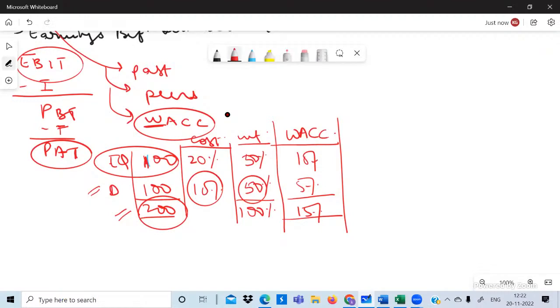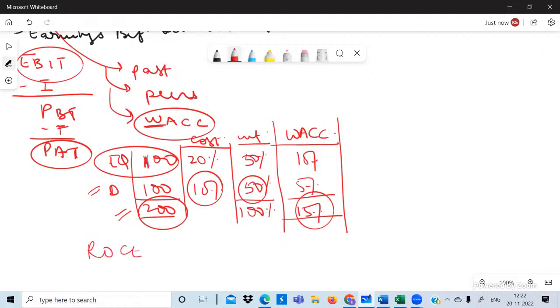So weighted average cost of capital is the minimum return that is expected by equity shareholders and lenders put together. Individually, lender is expecting a return of 10%, but the equity shareholder is expecting a return of 20%. Put together, their expectation is 15%.